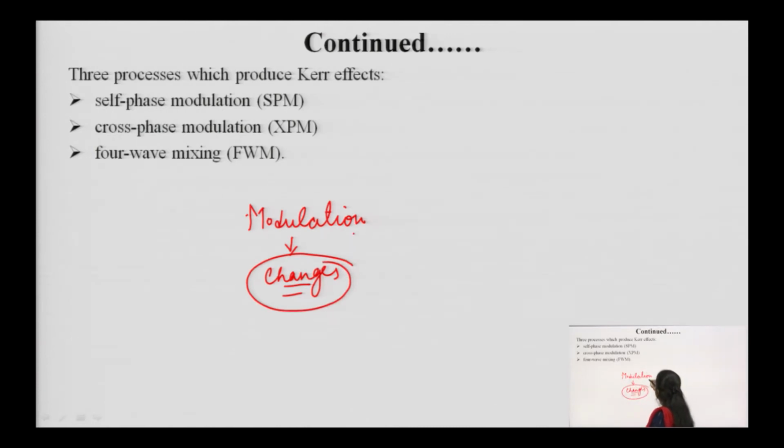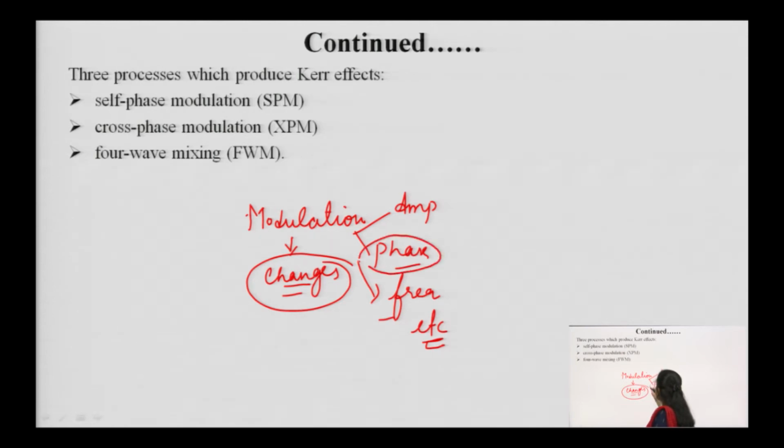Modulation occurs in the field of communication in the form of amplitude, phase, frequency, etc. In that case, there exist some changes in amplitude, phase and frequency.